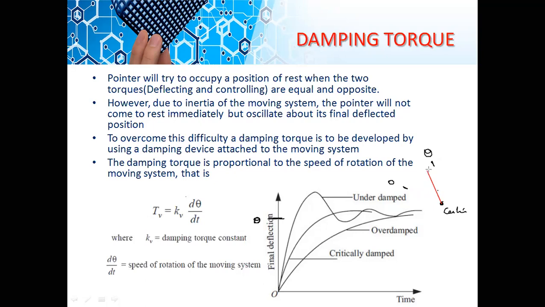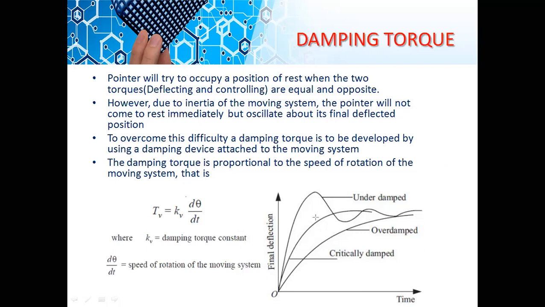Slowly it will come to some value which is beyond theta, that means a bit more than theta. But it will reach the value theta, and it is going to take a lot of time to reach the value of theta, the final deflection.